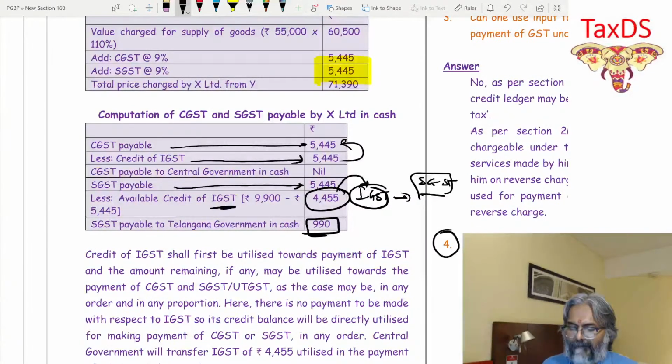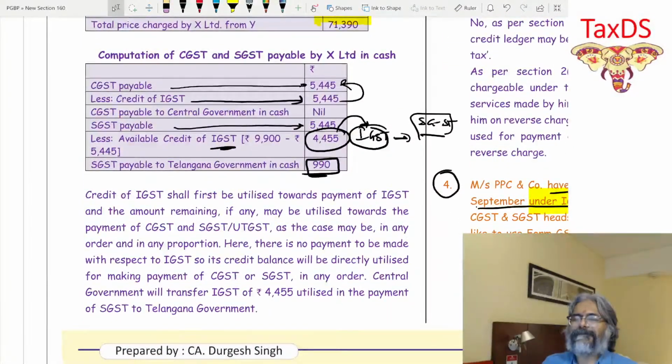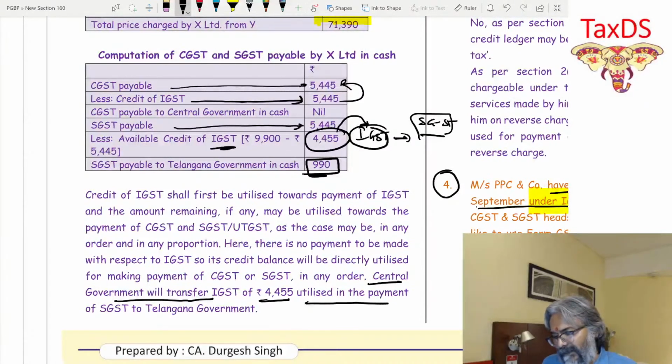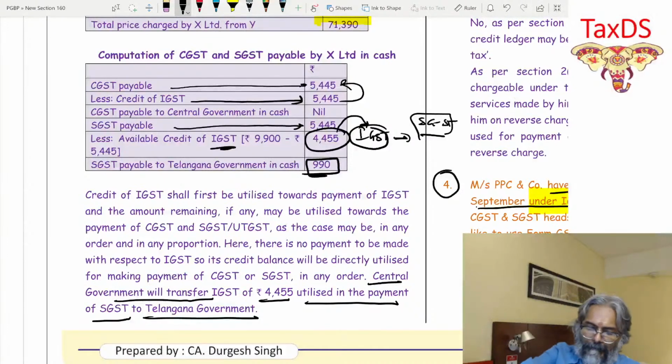Therefore, 4,445 will then be paid by the central government to the Telangana state government. Is that clear to all of you, friends? Just see the last line only in this example. Central government will transfer IGST of 4,455, utilizing the payment of SGST, to the Telangana government.